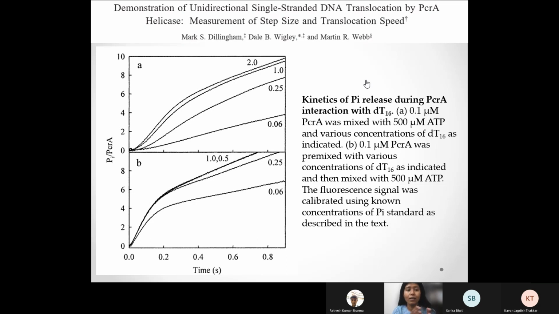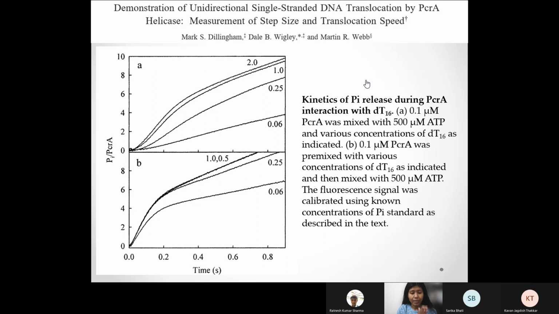If it is a helicase, it is not just unwinding DNA, but it is using an energy source. Here the energy source is ATP, so every time it has to function, it has to break down ATP into ADP plus inorganic phosphate. And the inorganic phosphate must be released from the pocket. An empty pocket must be created for the next ATP to bind, which means that every cycle that it works, it is going to be utilizing ATP.